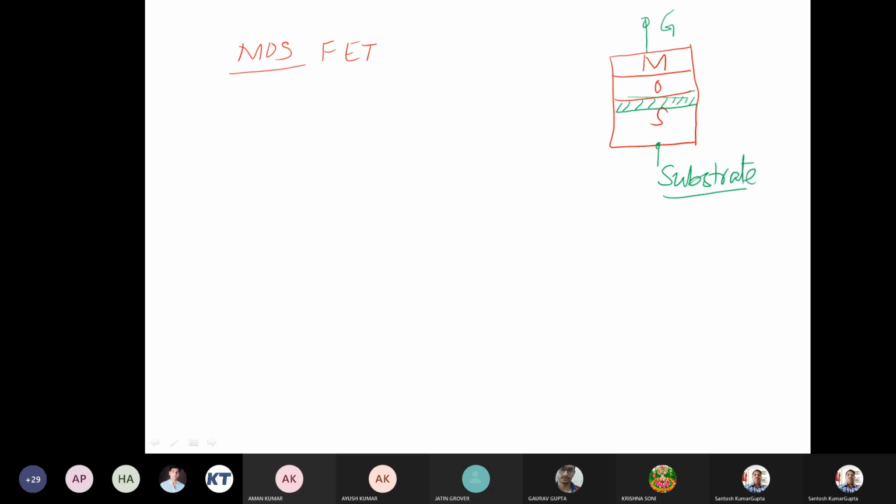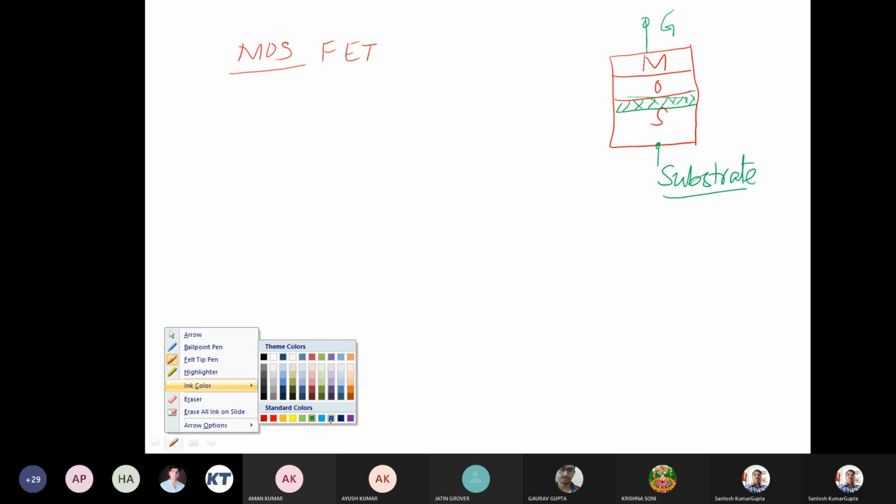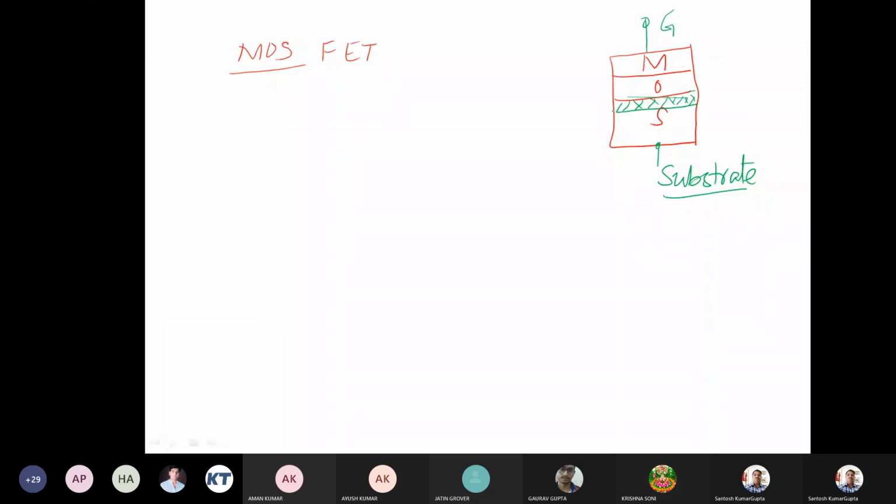Here the channel is already there, and we have two more regions on either side, of the same type as that of the channel region.